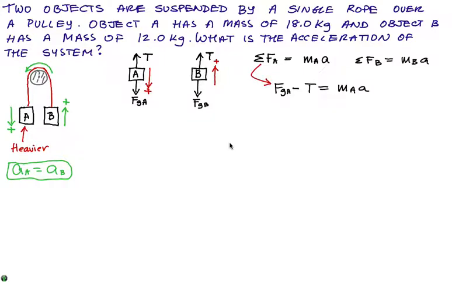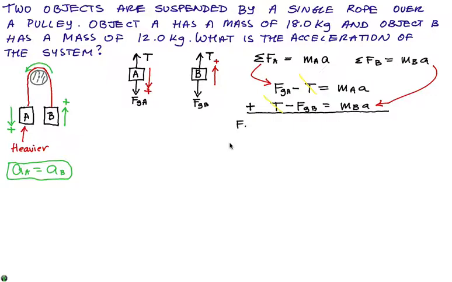And now directly underneath, I'm going to write the Newton's law equation for object B. Object B would be tension minus FGB is equal to MBA. And now what I'm going to do with those two equations is add them up. I taught you that technique before. And when I add these up, you can see that the T's will cancel.